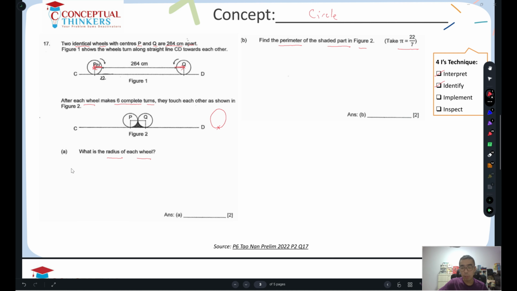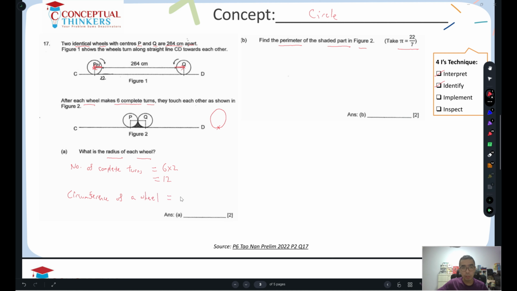Now let's talk about the number of complete turns. In this case we want to look at 2 wheels. So 2 wheels will be 6 times 2, so we get 12 complete turns. Now I want to find the circumference of a wheel.